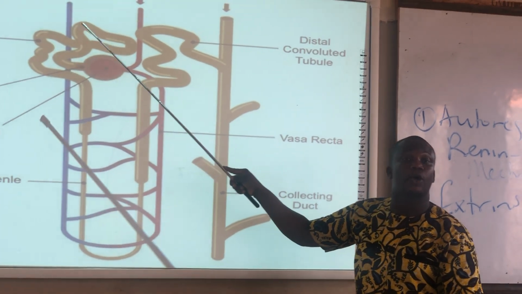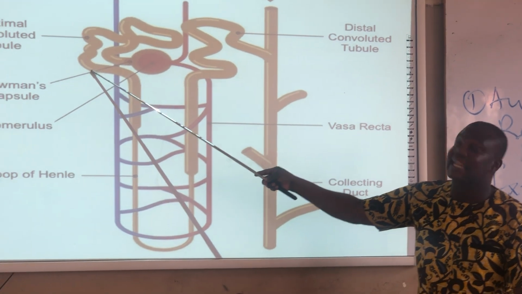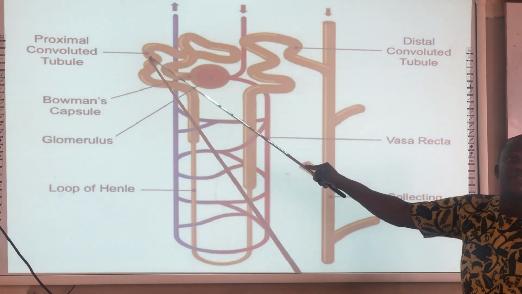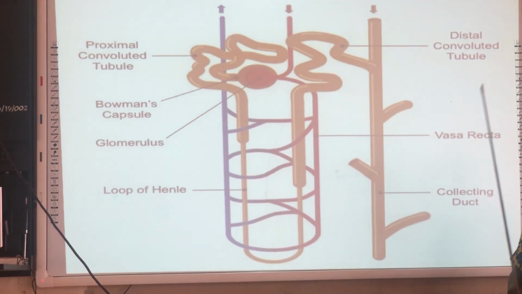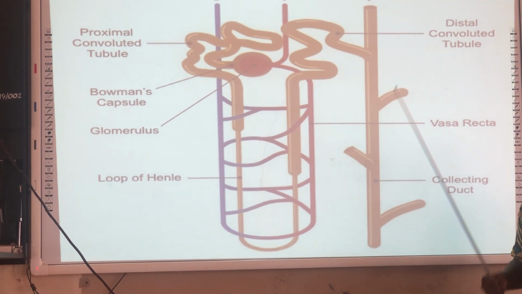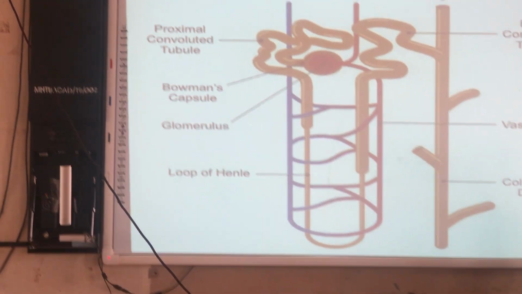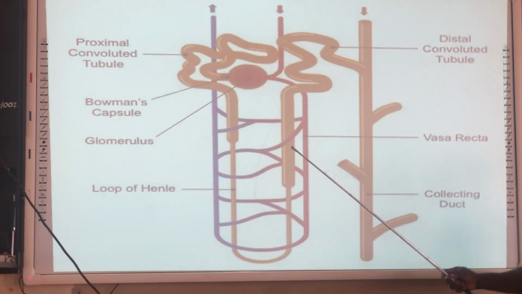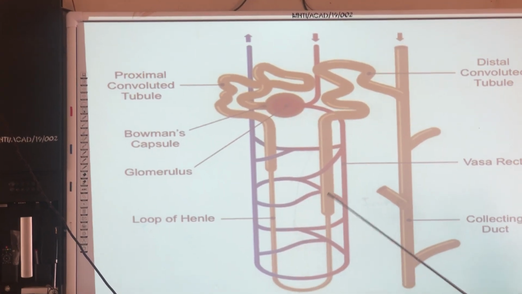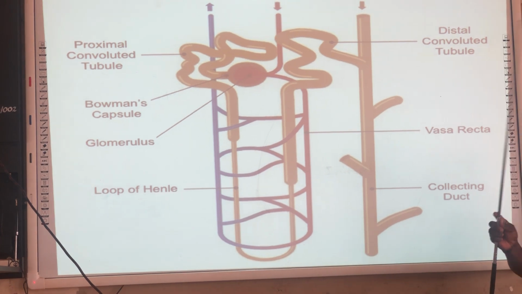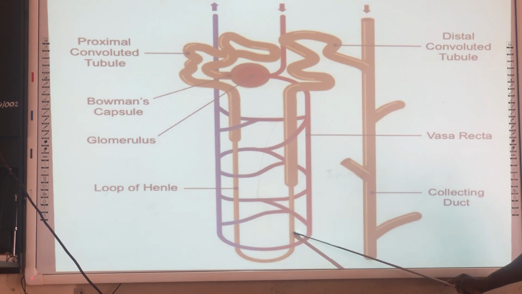Aside from the glucose, lactic acid, amino acid and organic acid absorbed in the proximal convoluted tubule, there are also chloride ions, sodium, calcium, potassium and phosphates that are absorbed in the ascending limb of the loop of Henle. This is the descending limb, and this is the ascending limb.